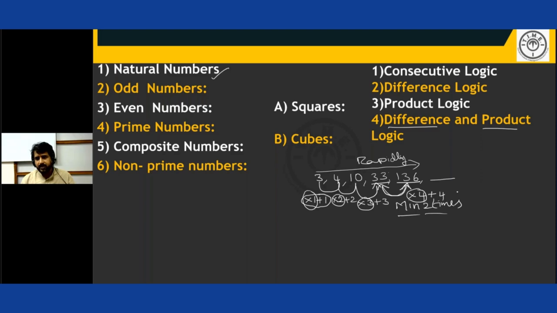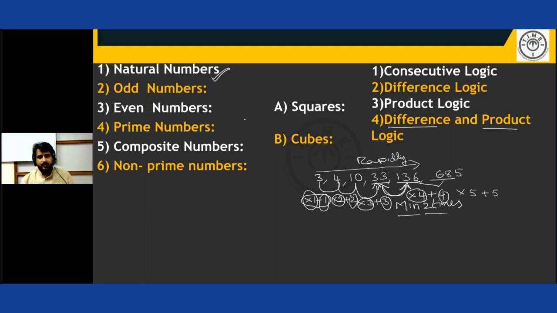What is the next natural number after 4? 5. So our answer will be into 5. And with which numbers are we adding? Plus 1, 2, 3, 4. Again natural numbers. So after 4 the natural number is 5. Into 5 plus 5. So 136 times 5 is 680, plus 5 is 685.